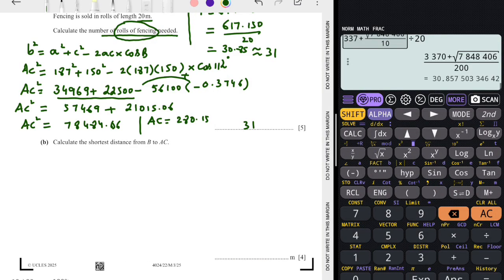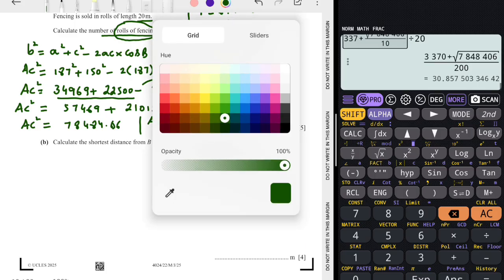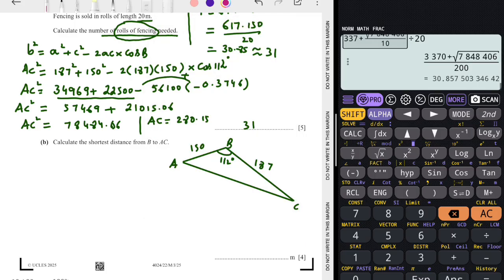Part B, calculate the shortest distance from B to AC. So let me draw a diagram here. This is triangle ABC, and the lengths are 150 and 187, and the angle is given, that is 112 degrees, and we have to find the shortest distance from B to AC, this one.